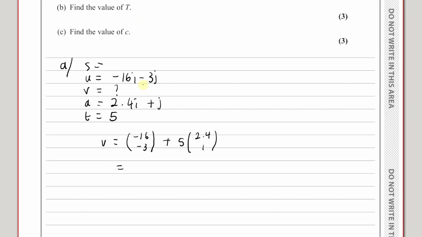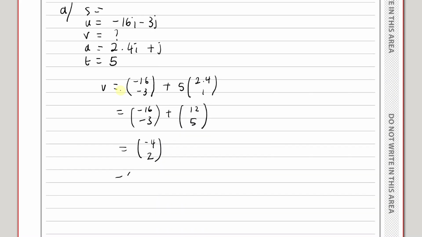So we have v equals negative 16, negative 3, plus 5 2.4s is 12, 5 ones are 5. So we have negative 16 plus 12, which is negative 4. Negative 3 plus 5 is 2. So we've got negative 4i plus 2j.